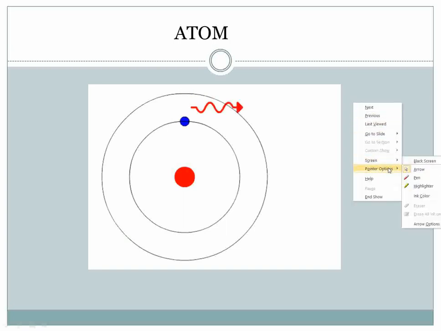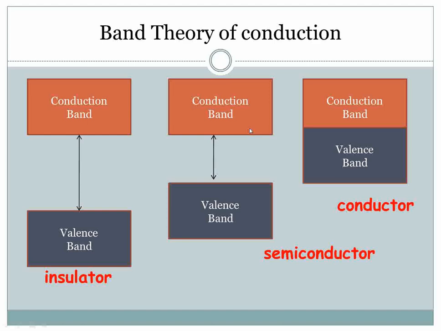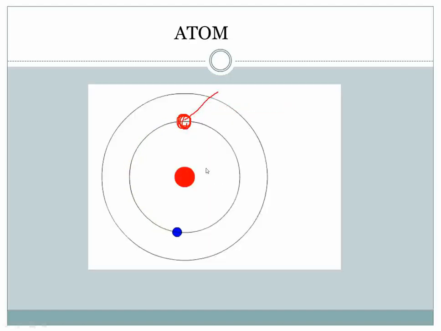This is the basic atom structure, in which you can see the nucleus, and the electron rotating in an orbital. If energy is supplied, the electron moves away from the nucleus. You can see the animation. If the energy is not sufficient, the bond between the nucleus and the electron remains, and the electron rotates in the same orbital.